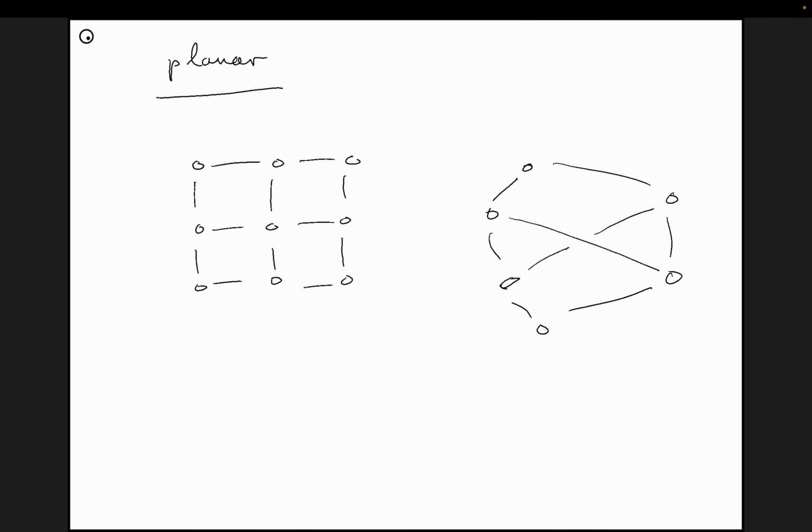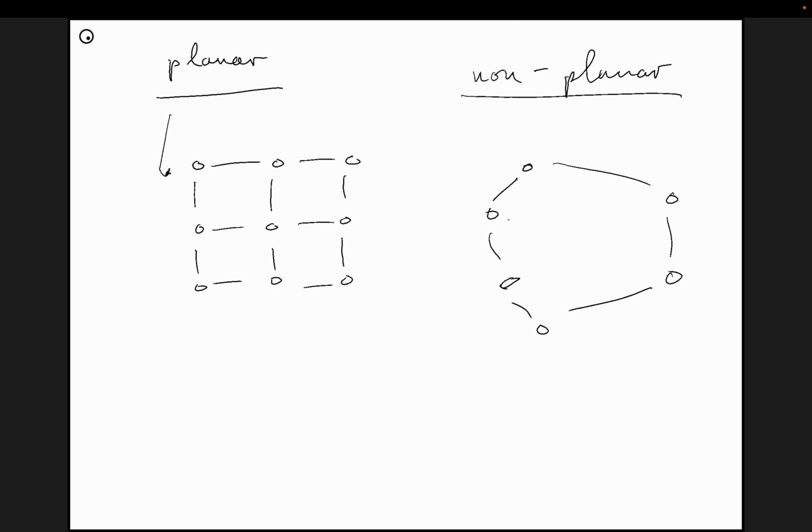Well, no, this is a planar graph because you can take those two edges away and connect them differently, like so, and then we have a planar graph. But I wanted to draw a non-planar graph. So how do we draw a graph where we cannot make it planar again?